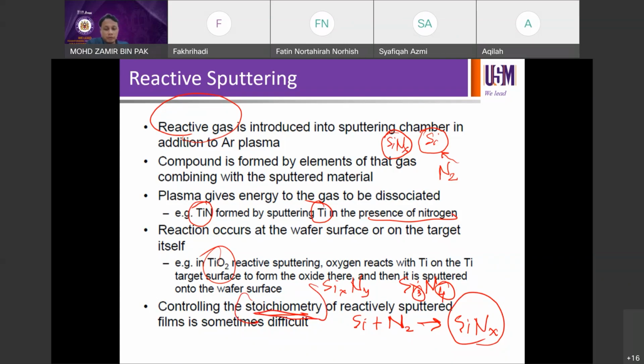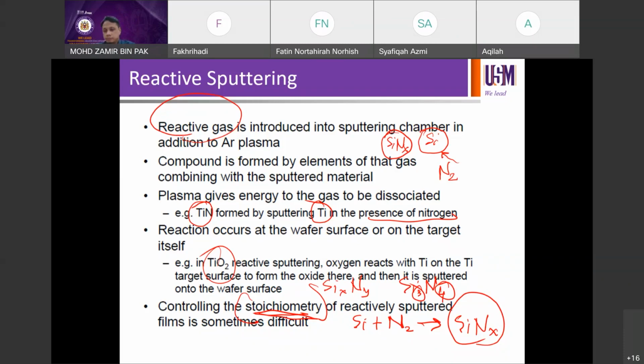Okay, maksudnya the flow rate of the gas in terms of SCCM, the time you introduce, for how long, all the stuff revolving around the gas will be very crucial in order for you to control the final stoichiometry of the deposited layer.